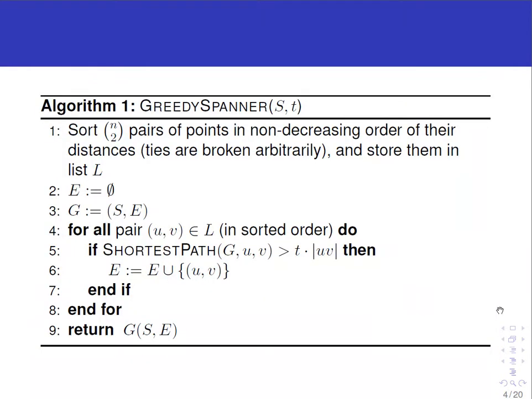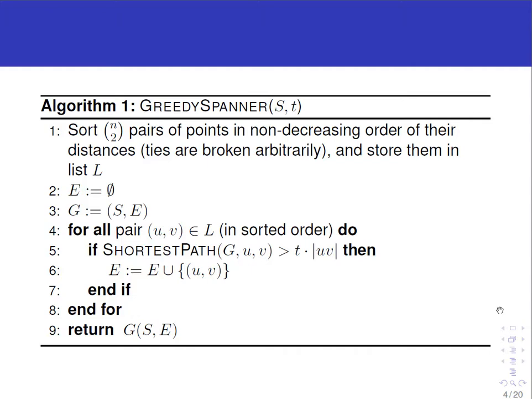There are many algorithms to construct a t-spanner with good properties for a given point set. One of these algorithms is the greedy spanner algorithm. This algorithm first sorts all pairs of points in non-decreasing order of their Euclidean distances. Then it processes the sorted list in sorted order.